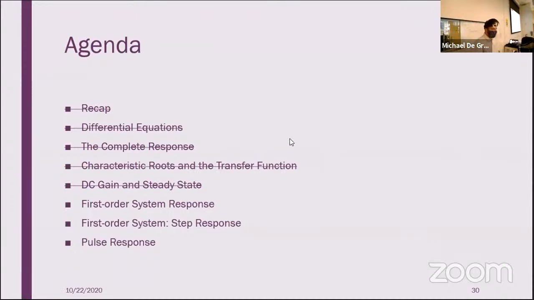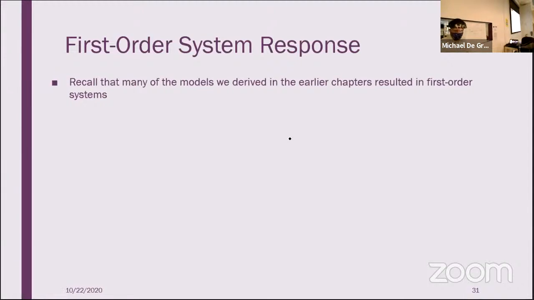Let's talk about first order systems. I'd like you to recall that many of the models that we've derived so far in this class have turned into first order system models, right?